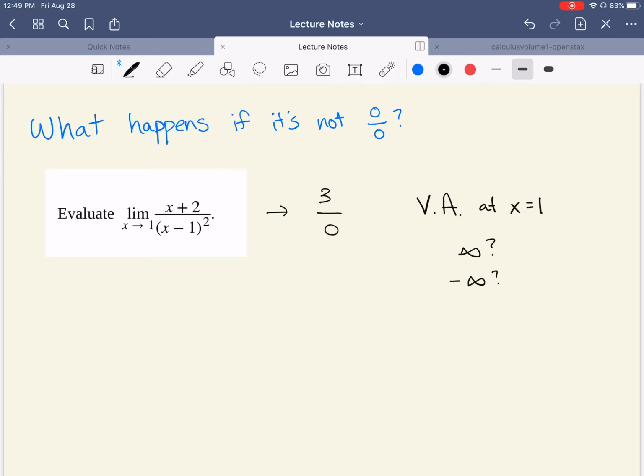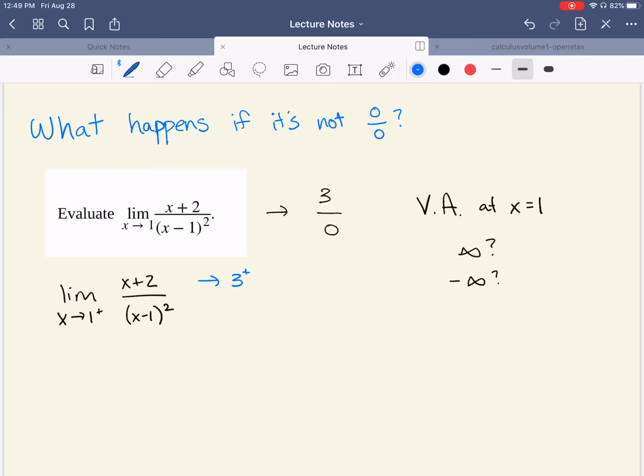So what I want to do is show you how to look at it from both directions. So first of all, let's consider the limit as we approach 1 from the right. Okay, so as we're approaching 1 from the right, the numerator here, again, this is approaching 3, which is positive, right? And you can think about approaching 3 from the right, although that doesn't matter quite as much.